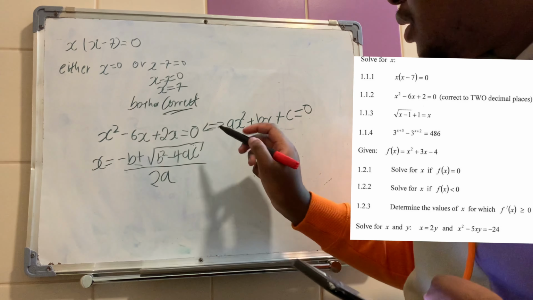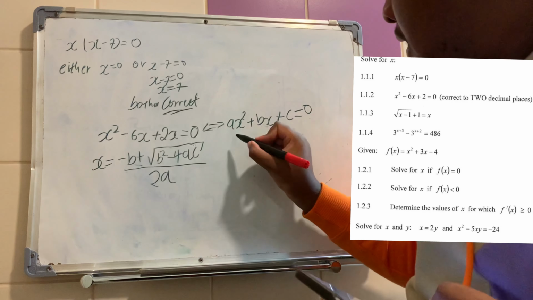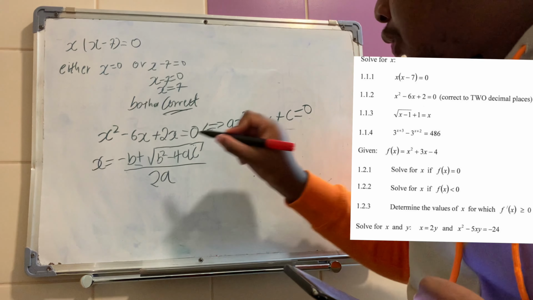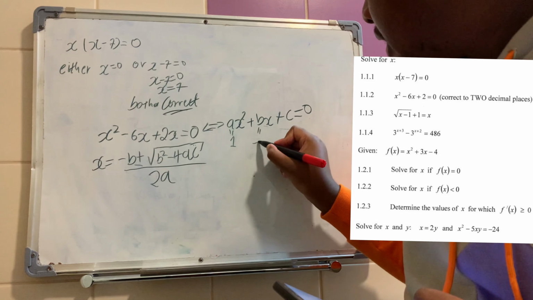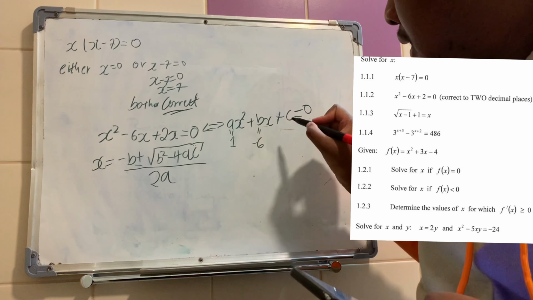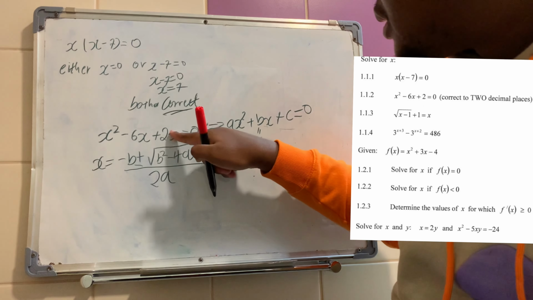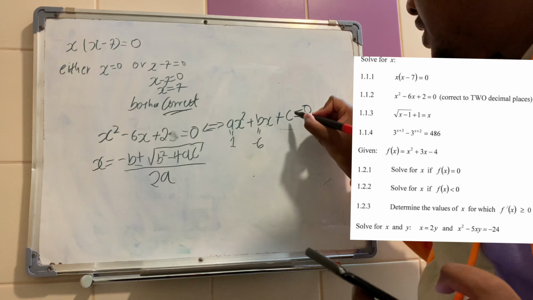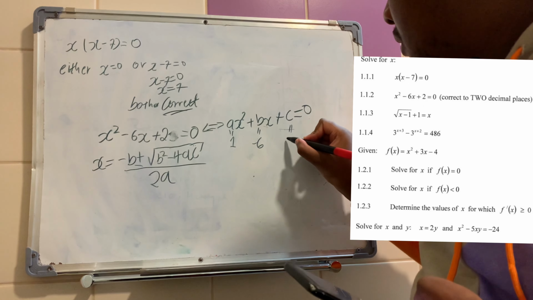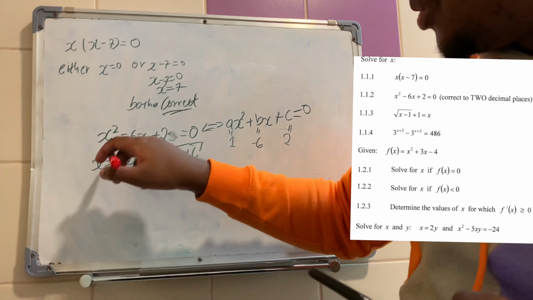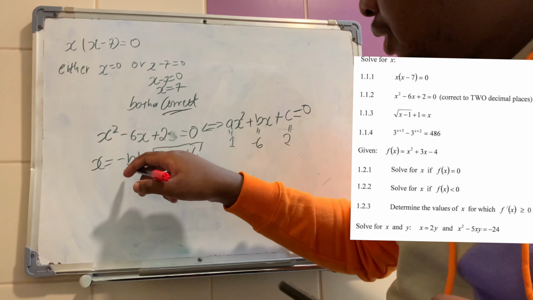As you can see, coefficient a is equal to 1, and the coefficient b is equal to minus 6, so take the negative sign too. Then c, which is the constant, is equal to 2. Then you take all these numbers and put them in the formula.